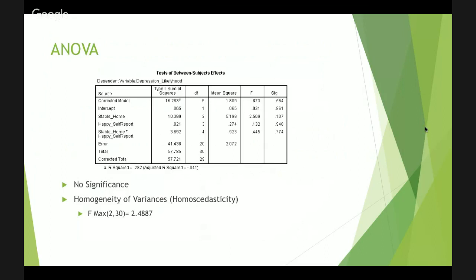Now, 2.509 is greater than 2.487, which means that we fail the assumption of homoscedasticity. It means it's heteroscedastic, and the variances are not similar. All the other variances are good. I've already checked those off screen.